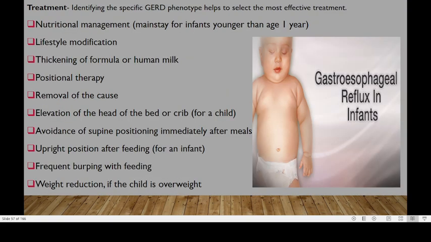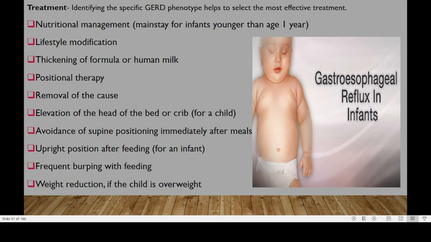Treatment of gastroesophageal reflux: we need to identify the specific GERD phenotype, which helps select the most effective treatment. Nutritional management is the mainstay for infants younger than one year.